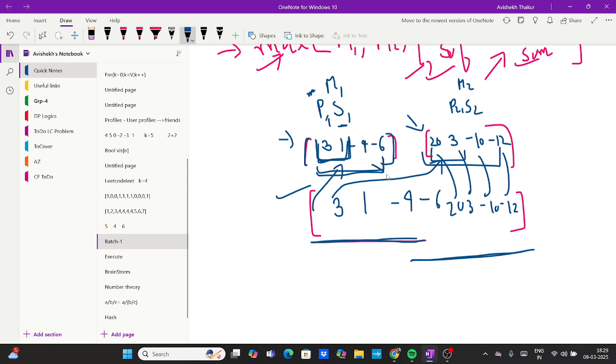So when you merge these two smaller subarrays, what will be the maximum prefix, and what would be M1 then? M1 is for this smaller subarray, right? Is M1 the maximum of P1 and S1?